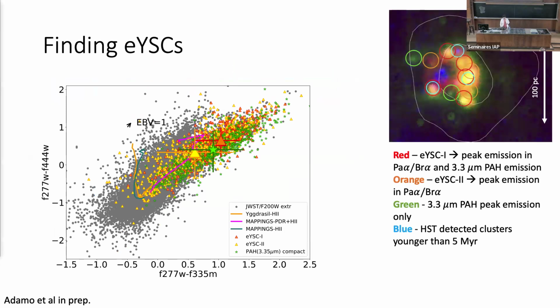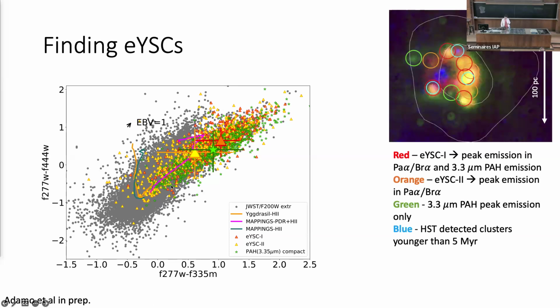Here you see in broad JWST colors, and here essentially we are sampling the stellar continuum and the hot dust emission. And you see here instead we have stellar continuum and PAH emission.